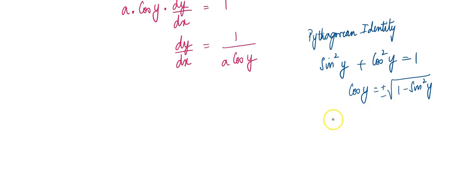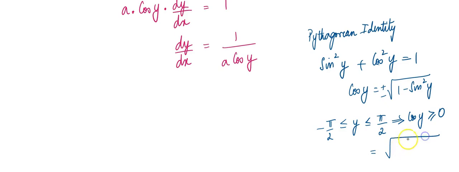But our y here will be between negative pi over 2 and pi over 2, which implies cosine y will be positive. So we only choose the positive option for cosine y.